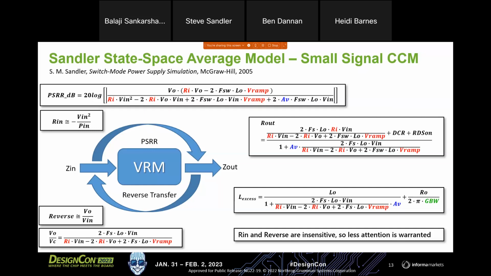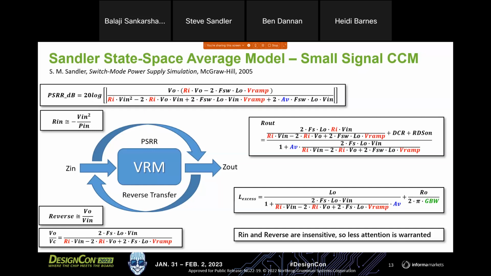Everything else is in black, and those we generally do know: switching frequency, input voltage, output filter inductance, things that are very easy for us to determine. There are some things that we don't always know accurately, for example, the RDS on of the MOSFET. I think Heidi said this earlier, but I'll repeat it here: a really bad state space average model is much better than an RL simplified model.